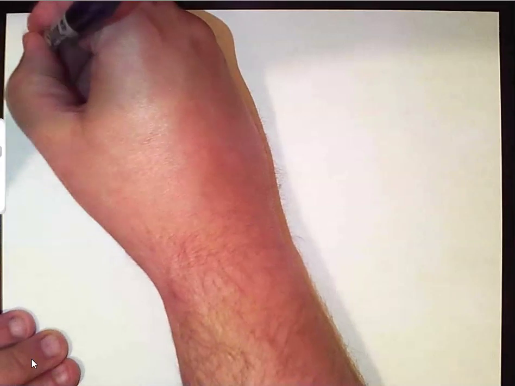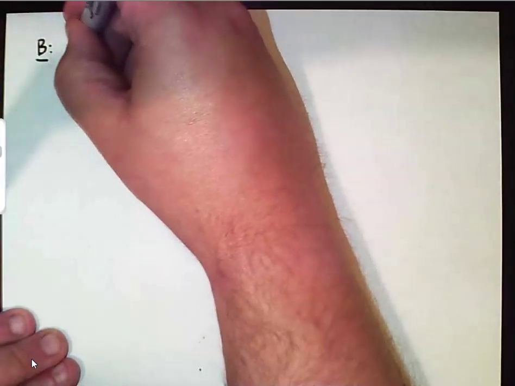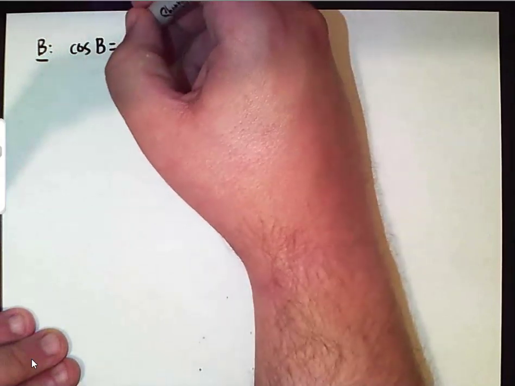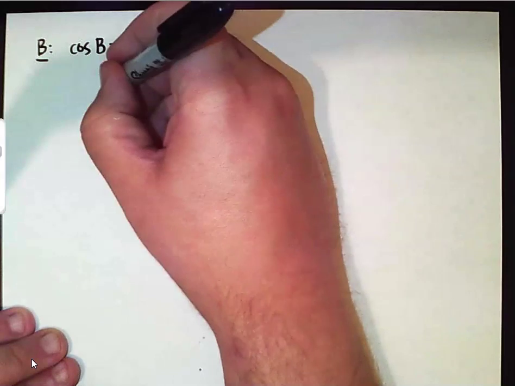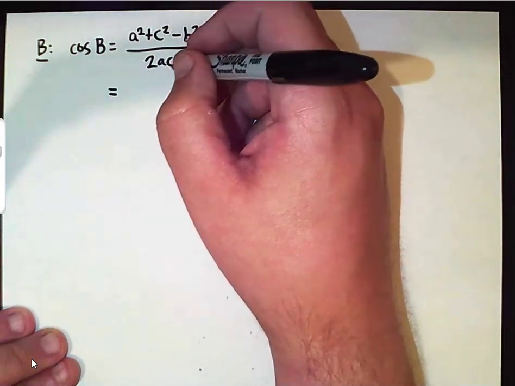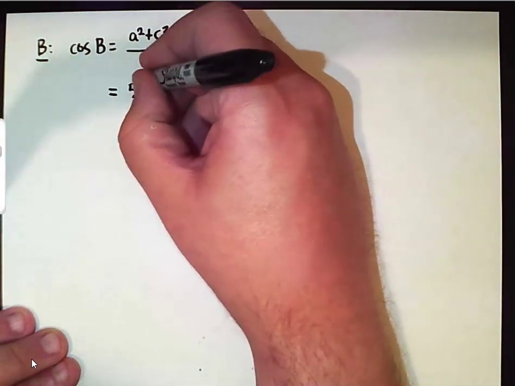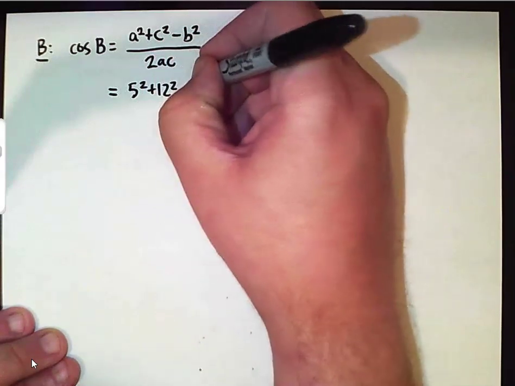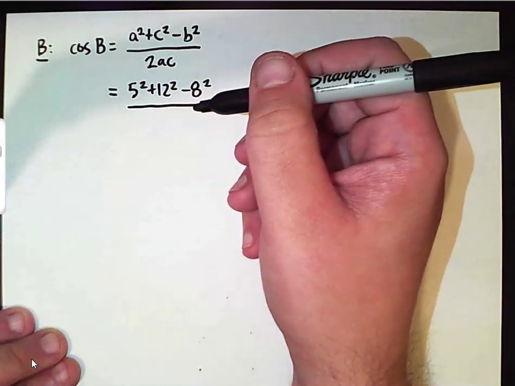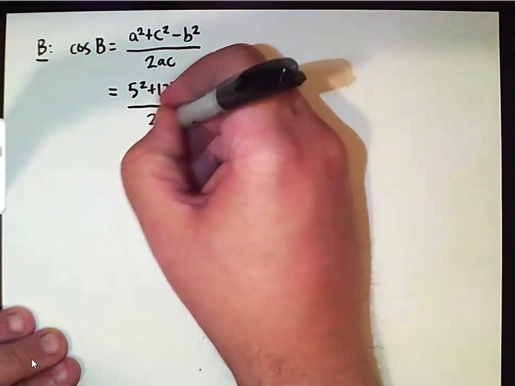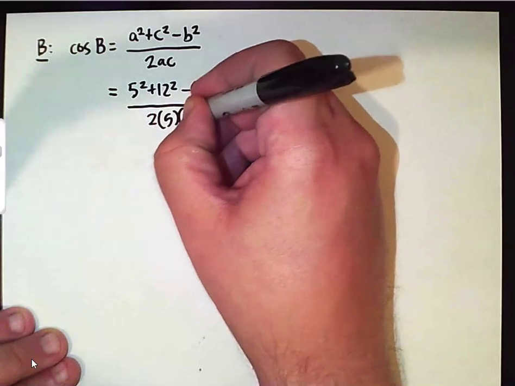So if I'm going to look for angle B, then the cosine of B is A squared plus C squared minus B squared over 2AC. So this time it's going to be 5 squared plus 12 squared minus 8 squared over 2 times 5 times 12.